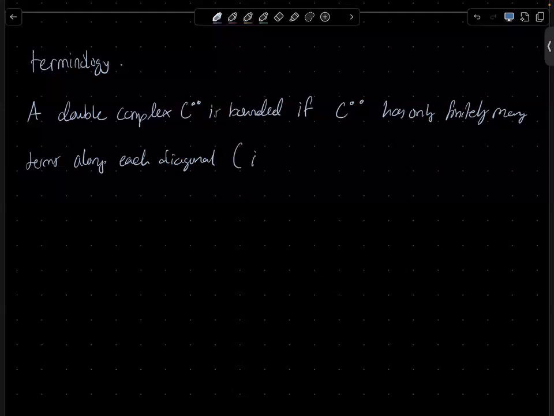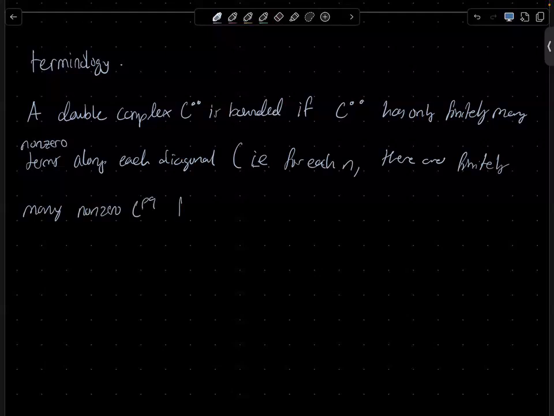That is to say, for each n, there are finitely many non-zero C^{p,q} for which p+q is equal to n.